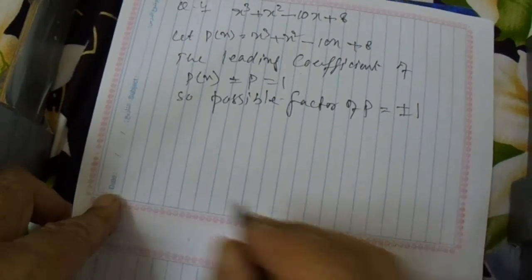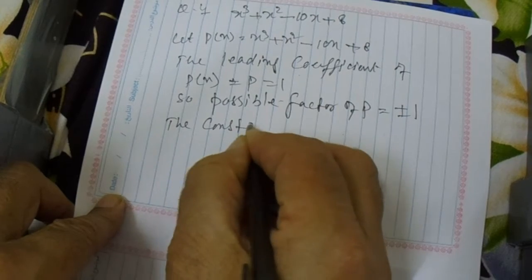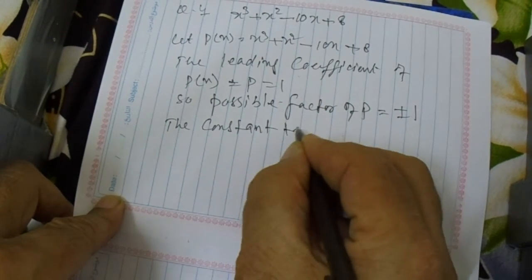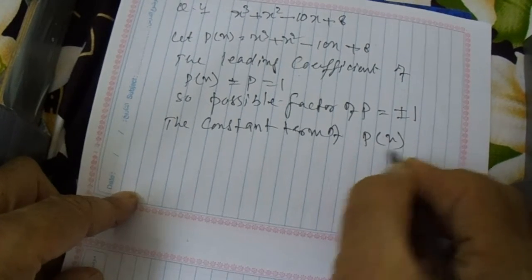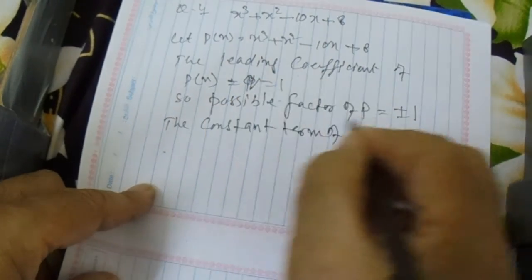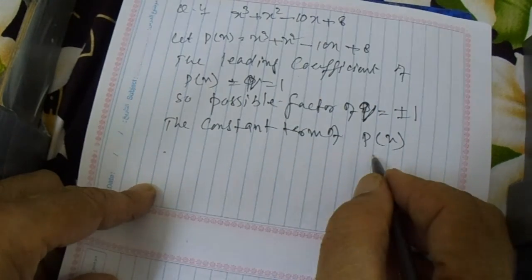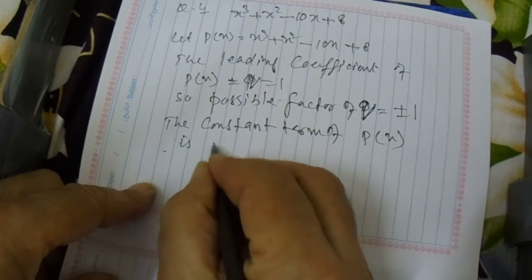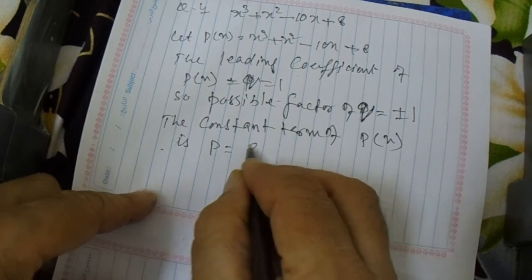The constant term of P(x) is — sorry, this is Q, not P. This is Q. P(x), P is equal to 8.